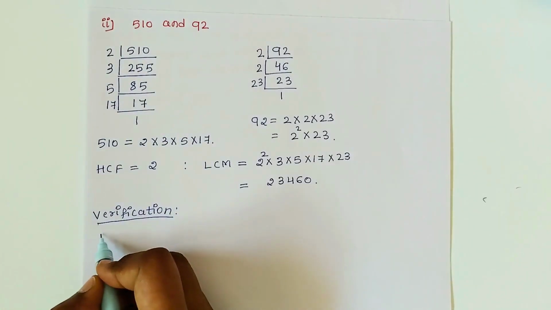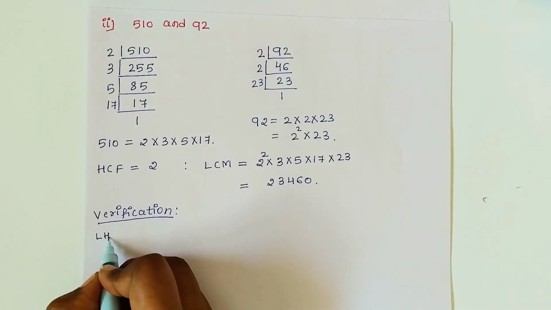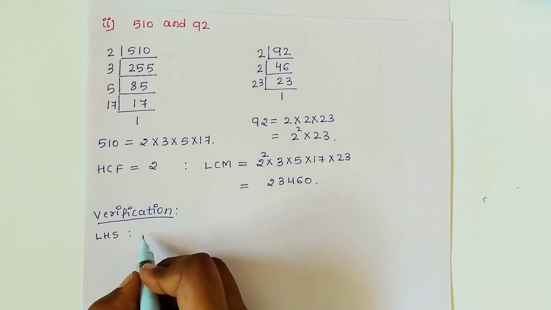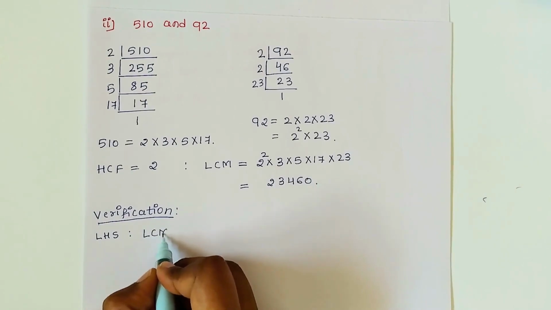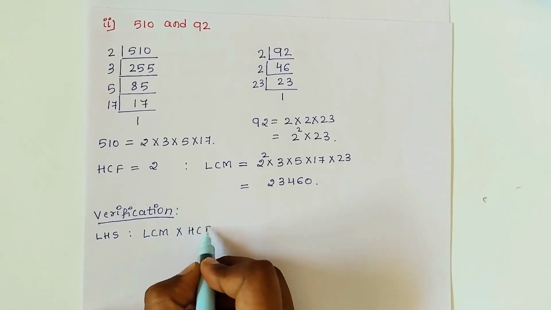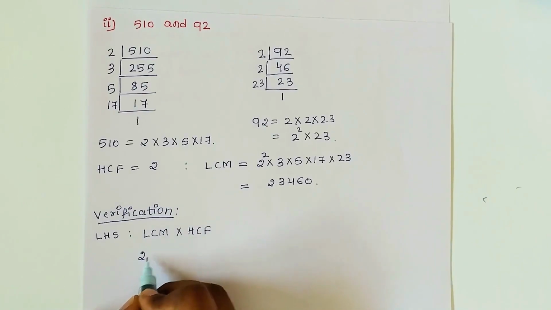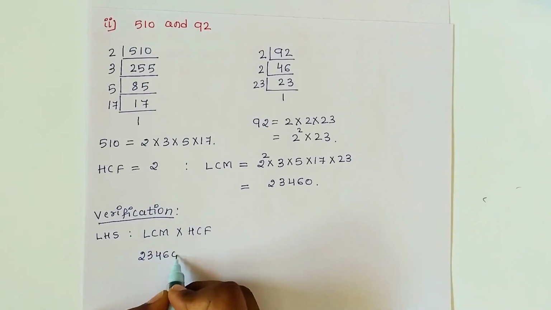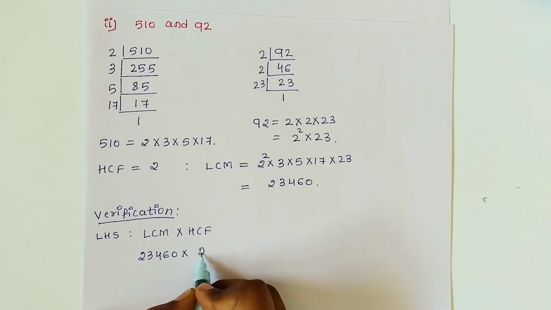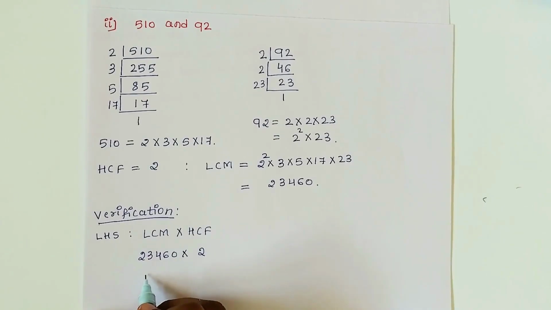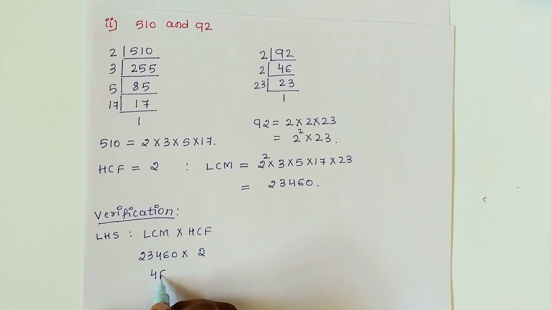Now let's verify the relation. Here I am considering the LHS part of the relation, that is LCM into HCF. So I got LCM as 23,460 and HCF as 2. If we multiply these two, we'll get 46,920.